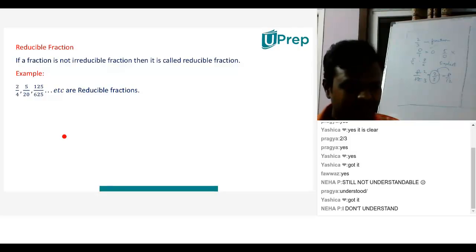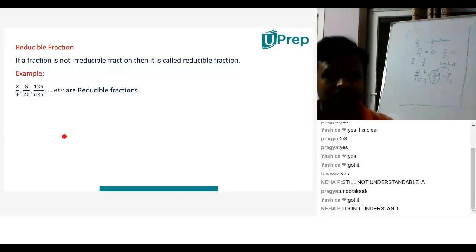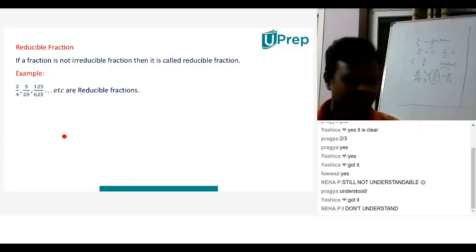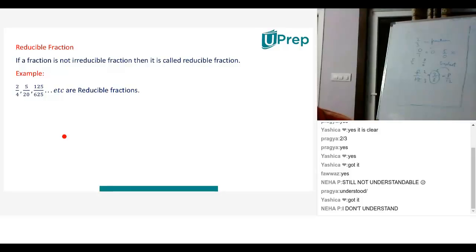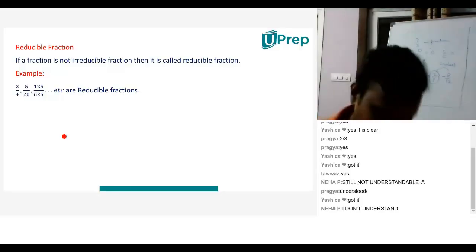We're not dividing completely. What we are doing here is putting it in its simplest form, so we're not taking 1. You can take it that way, yes.